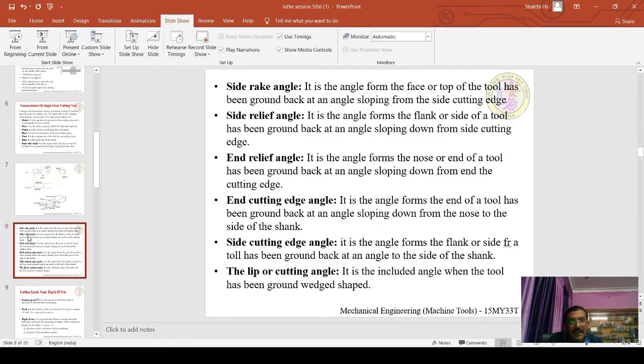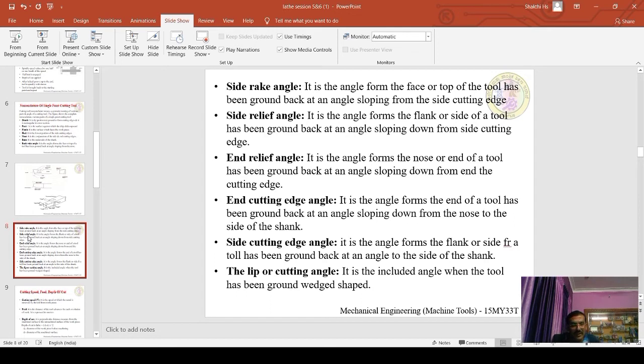The next ones are the side rake angle, the side relief angle, the end relief angle, the end cutting edge angle, the side cutting edge angle, and the lip angle.